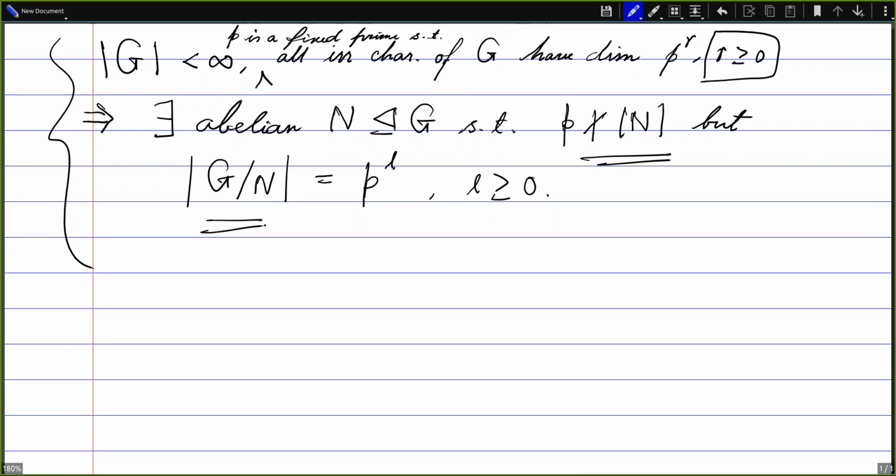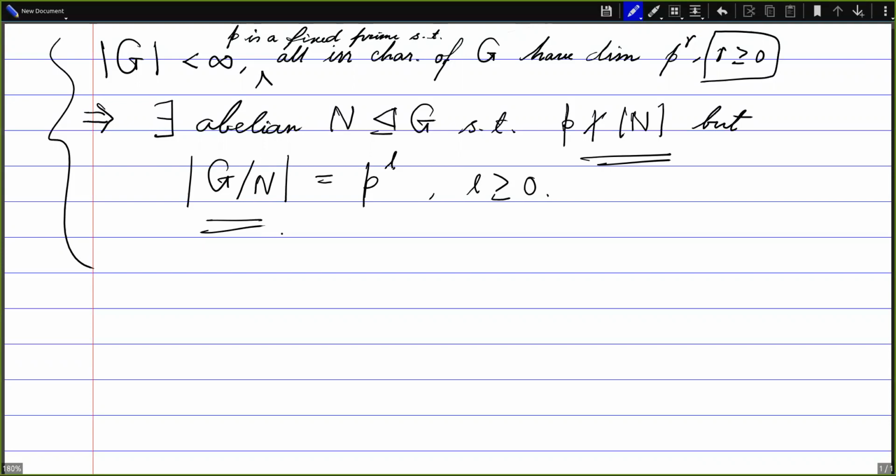So the situation is basically: p does not divide the order of N, but once we take the quotient by that subgroup, p is the only prime that divides the order of the quotient group.